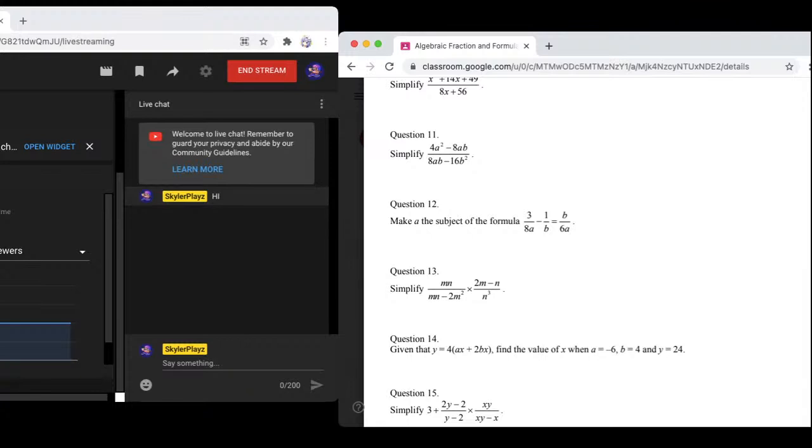3 divided by 8a minus 1 over b is equal to b over 6a. So make a the subject of formula. We multiply the whole equation by 24a, which is the LCM of 8a and 6a. So when we multiply, it will become 9 minus 24a divided by b is equal to 4ab.